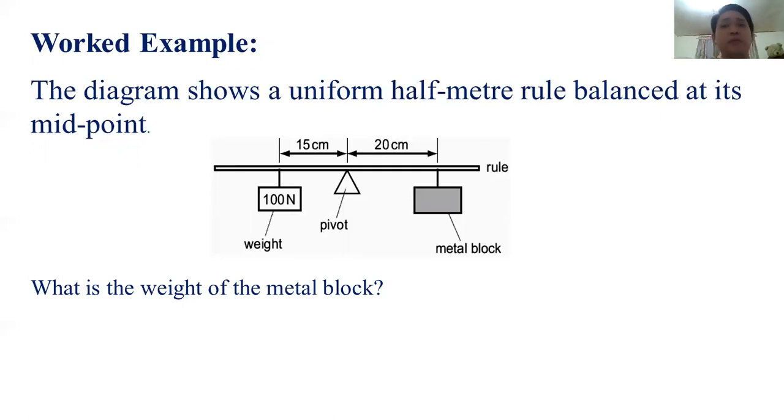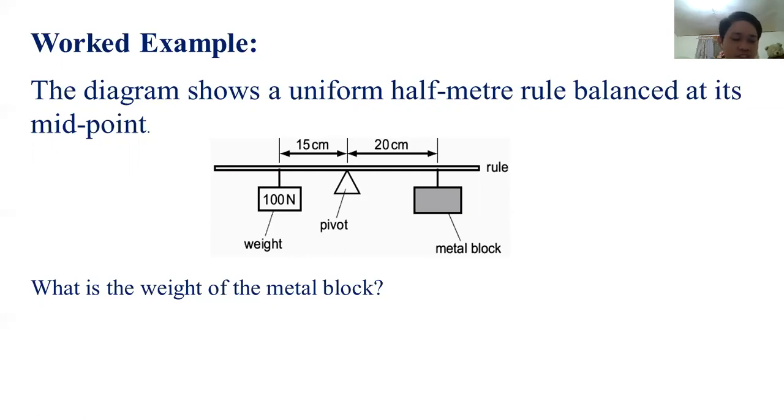Again, the problem is: the diagram shows a uniform half-meter rule balanced at its midpoint. What is the weight of the metal block? We all know that the illustration shows it is in the state of equilibrium.